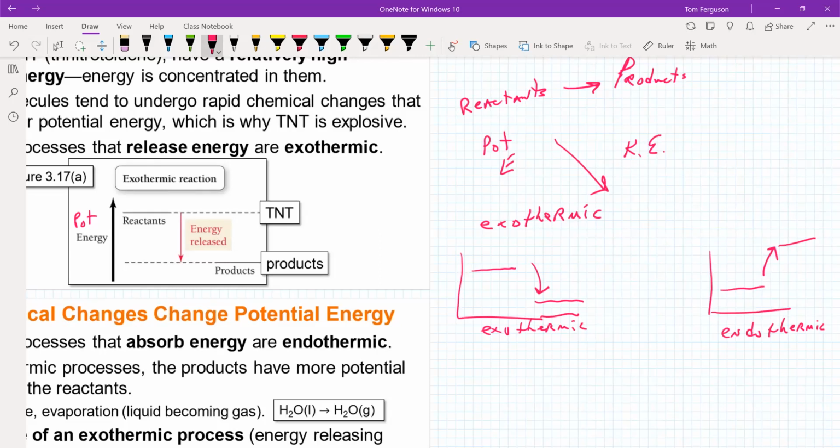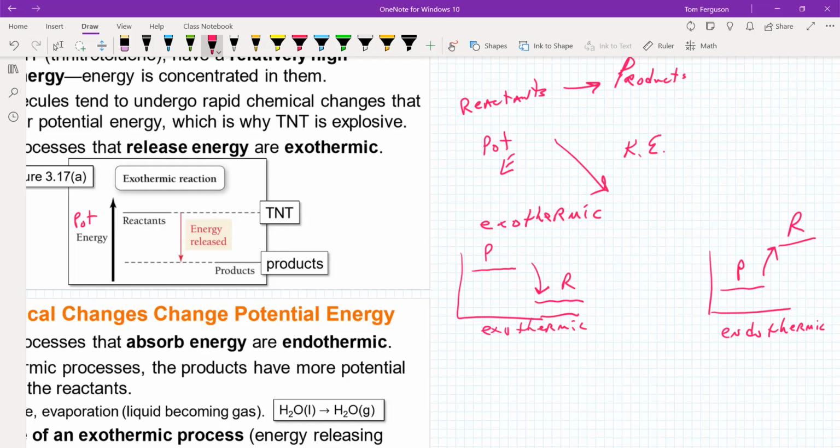And these are products, reactants, products, reactants. So if the energy goes up on the right there for the endothermic reaction, if it's in your hand, your hand will get cold because it's taking energy, kinetic energy out of your hand and converting it to potential energy. So as energy leaves the reaction, that's exothermic.